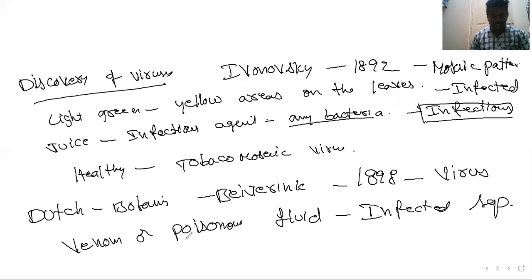Tobacco mosaic virus was the first virus to be discovered. Since the discovery of the electron microscope in 1930, viruses have been studied in great detail. This is the explanation of the discovery of tobacco mosaic virus.